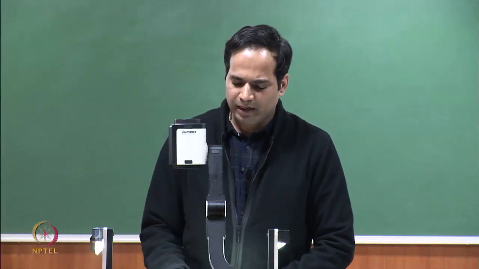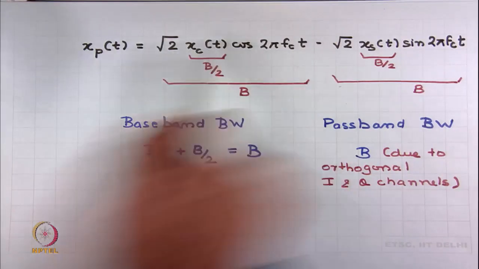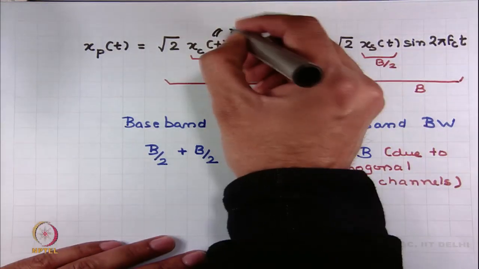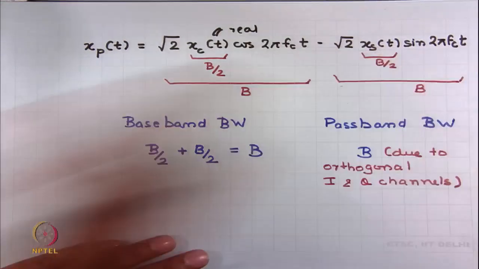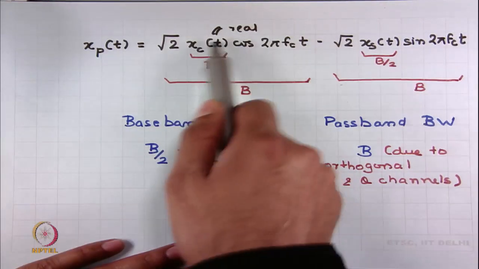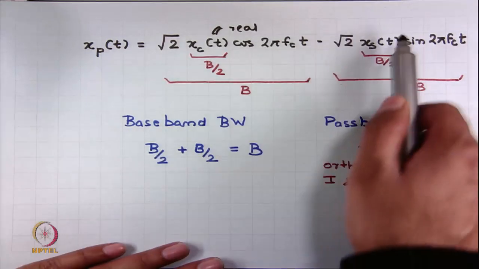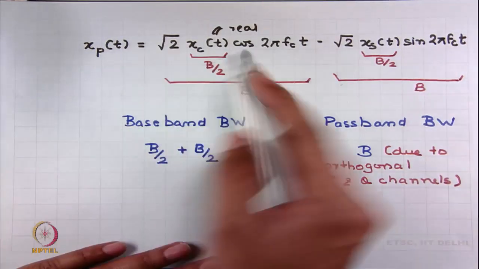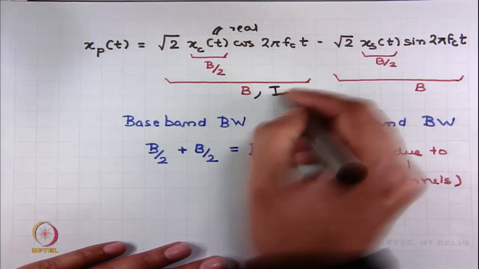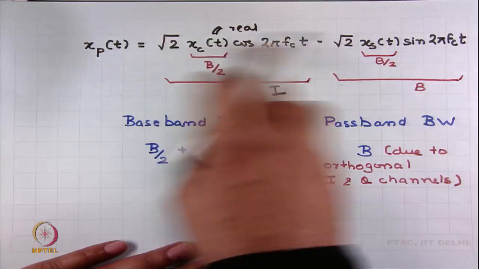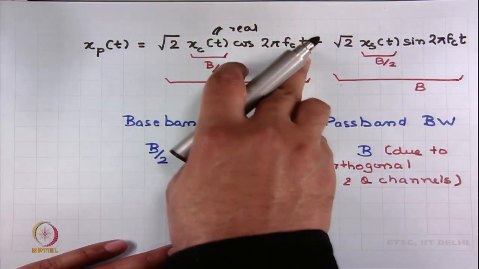We can also think about this in some other ways. For example, let us say I have a signal x_c(t), which is a baseband signal, and let us take it to be a real signal, actually x_c(t) and x_s(t) are real signals, and let us assume that the bandwidth of x_c(t) is B by 2, the bandwidth of x_s(t) is also B by 2, the bandwidth of this I channel is B, because there is a double sideband modulation.